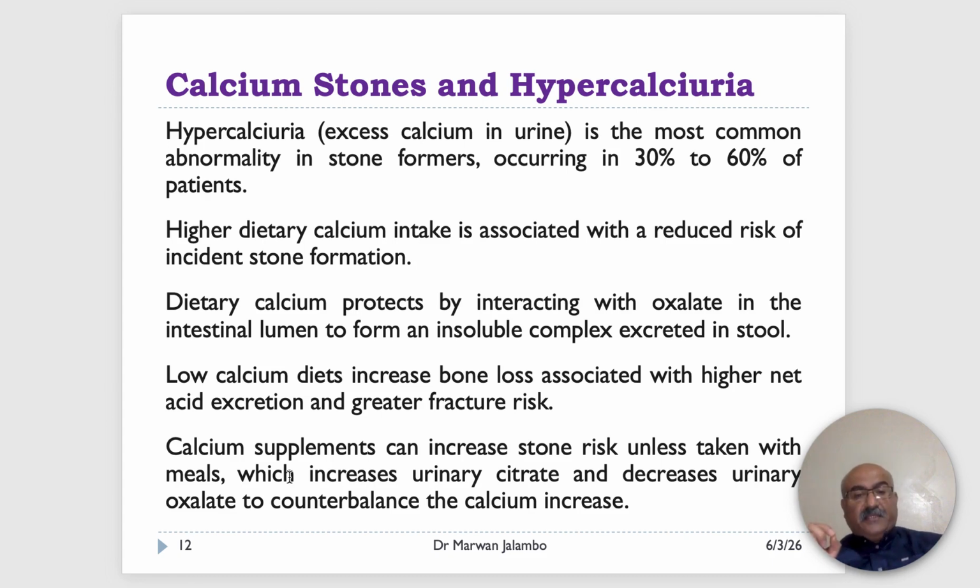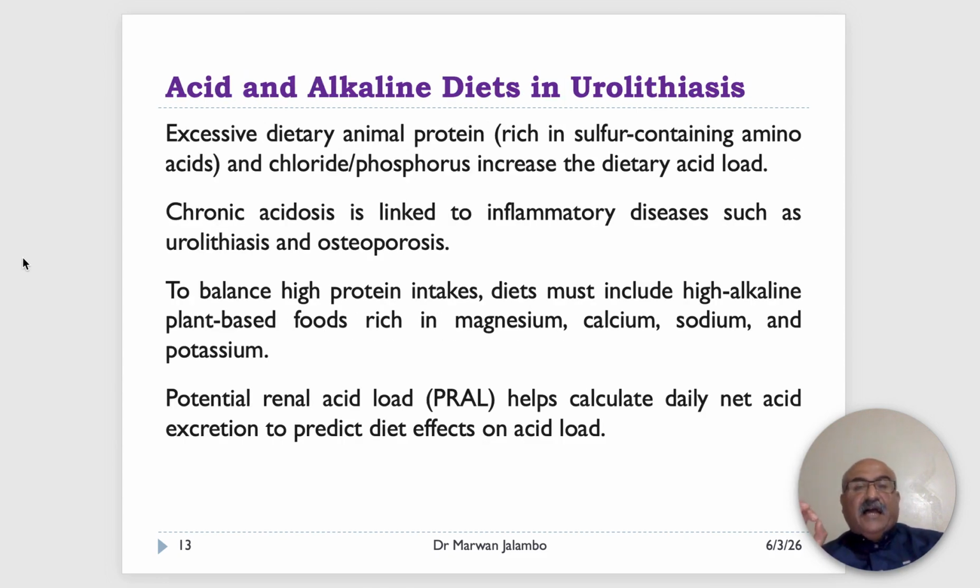The dietary acid load also plays a big role here, which brings us to the next slide, where I will discuss the acid and alkaline diet in urolithiasis. Excessive dietary protein, particularly from animal sources high in sulfur-containing amino acids, increases the dietary acid load. Chronic acidosis is dangerous.